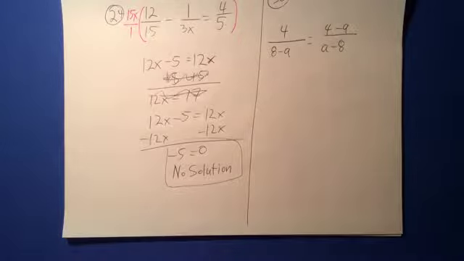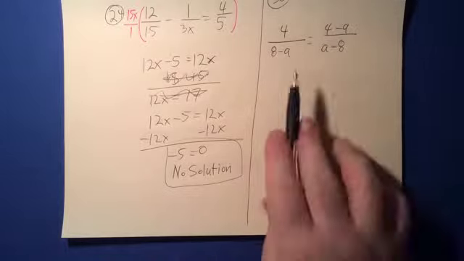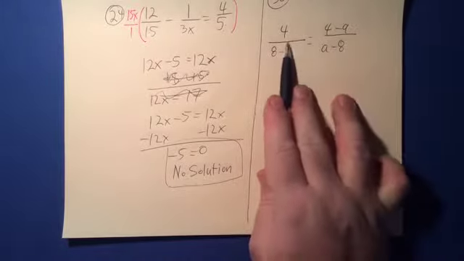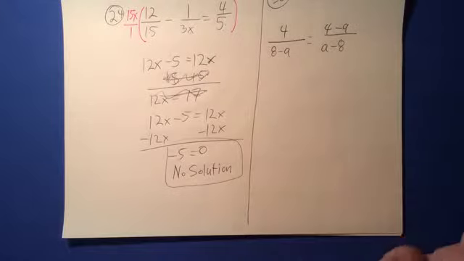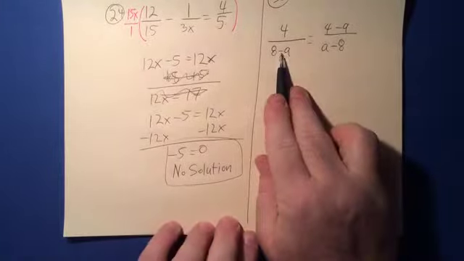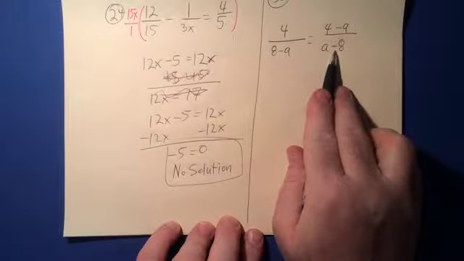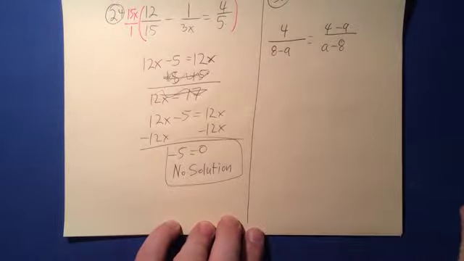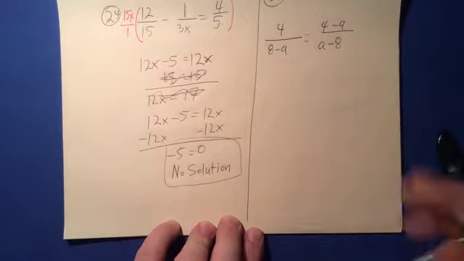One technique that you can use for this, and this could help quite nicely, is if we can get these denominators to be common, we can get rid of the denominators very easily and go straight to the numerators. So if you see this, you're looking at 8 minus a and then a minus 8. I can factor a negative 1 out of this. So I'm going to go ahead and do that on my pink marker.